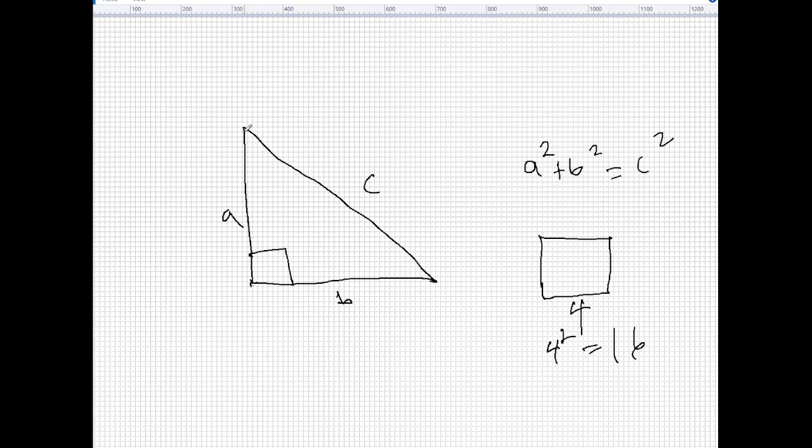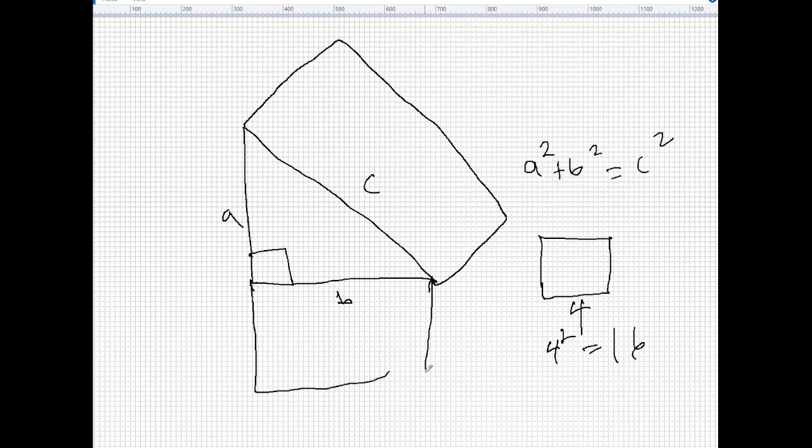Now let's just imagine we have a square. I'm just gonna draw imaginary squares on top of the lines of the sides of the triangle. So the sides of the triangle make up one side of the square. Now once again, we're gonna assume all these are straight lines.